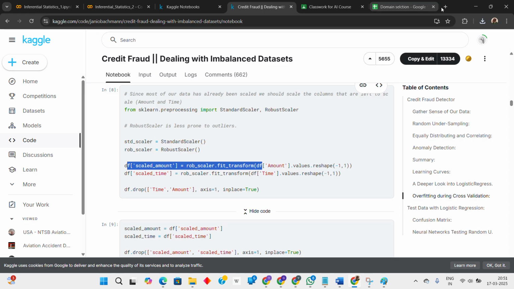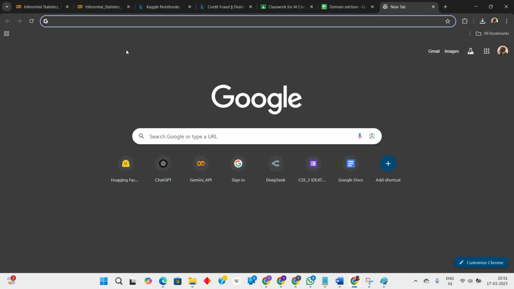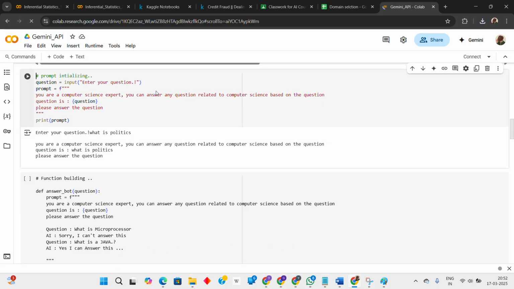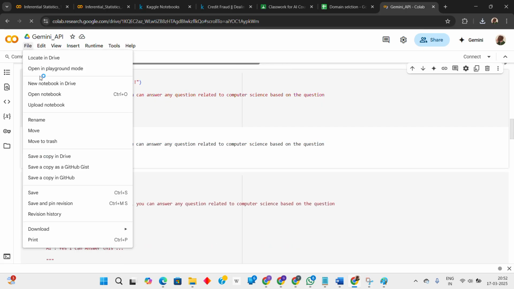Instead, you try. What you have to do is create a Google Colab again. Go to the Colab and click on Open New Notebook.